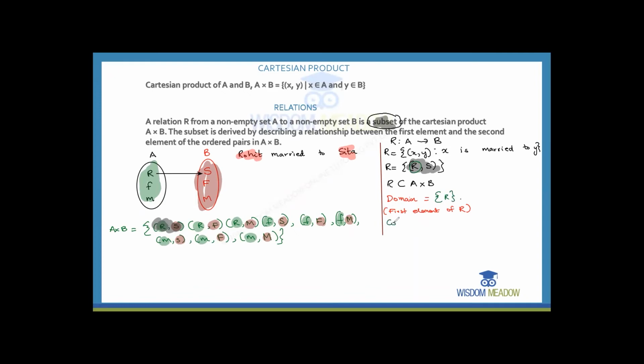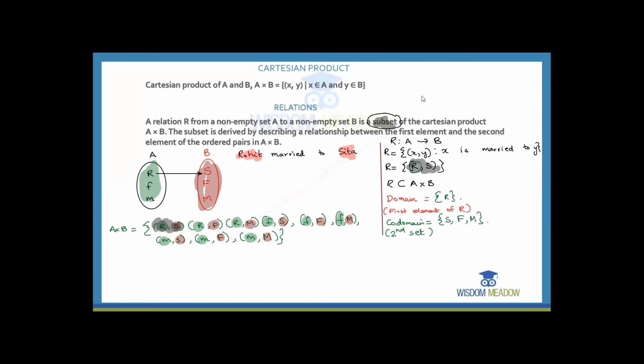Now, codomain. Codomain is the entire second set, that is Sita's family. So that is going to be Sita, Sita's father, and Sita's mother.